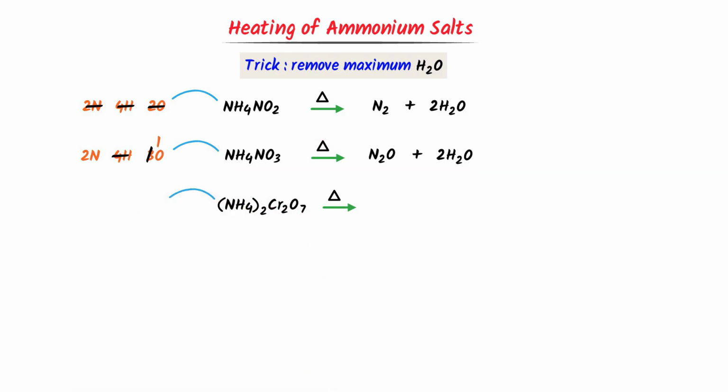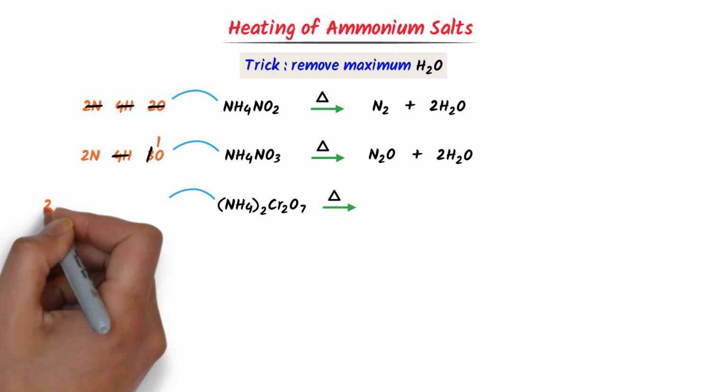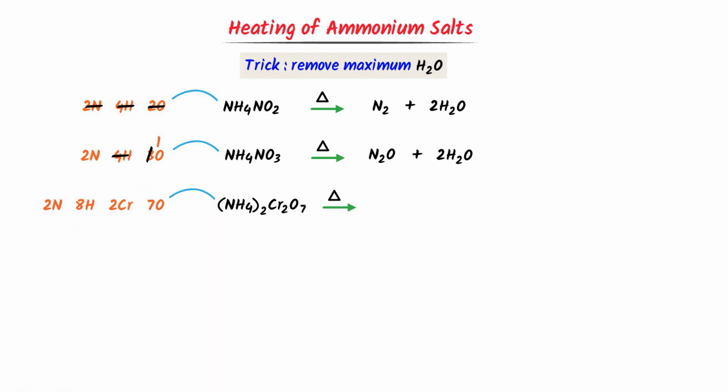In case of ammonium dichromate, there are 2 nitrogen, 8 hydrogen, 2 chromium and 7 oxygen. Out of 8 hydrogen and 7 oxygen atoms, I can remove 4 molecules of water. I write here 4H2O. I cancel 8 hydrogen atoms. I also cancel 4 oxygen atoms and 3 atoms of oxygen are remaining.